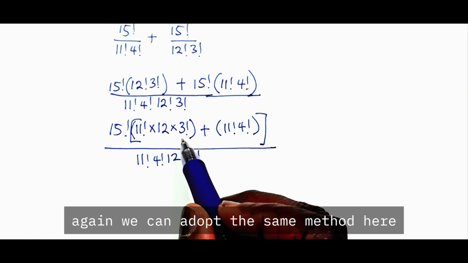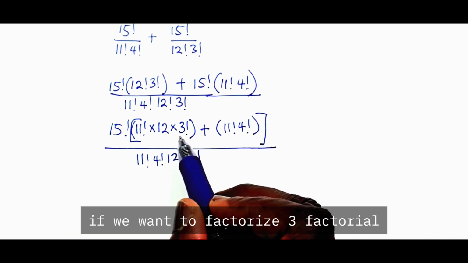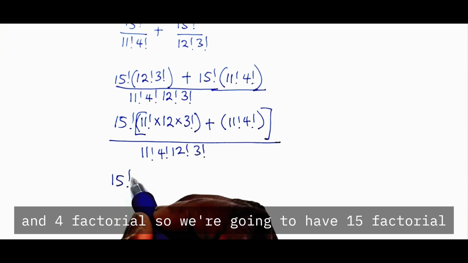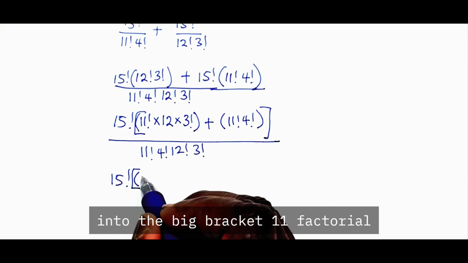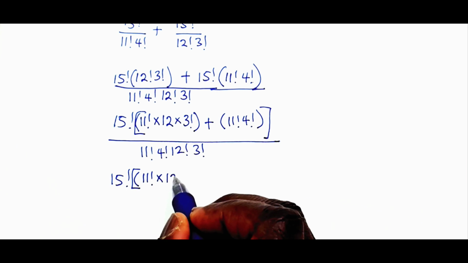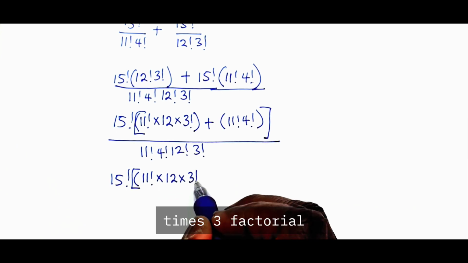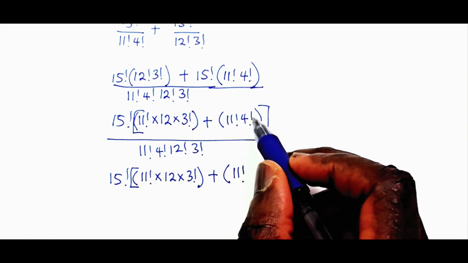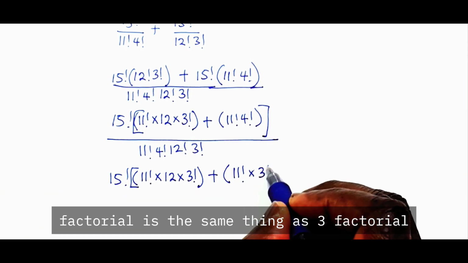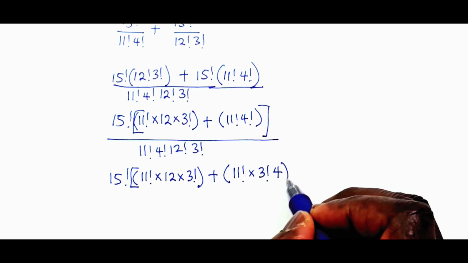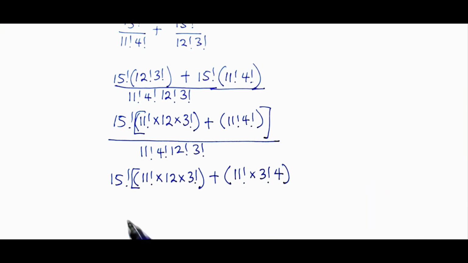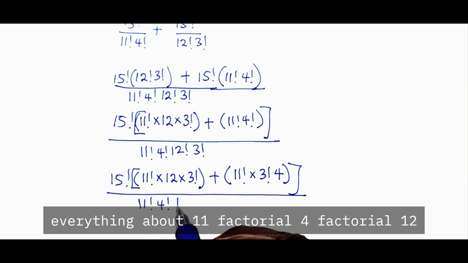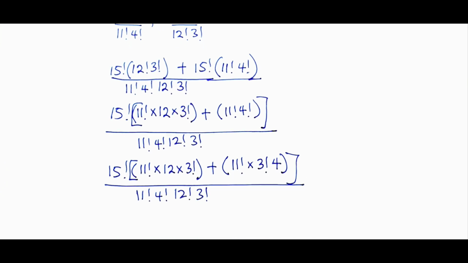Again, we can adopt the same method here if we want to factorize 3 factorial and 4 factorial. So we're going to have 15 factorial into the big bracket 11 factorial times 12 factorial times 3 factorial plus this one 11 factorial. 4 factorial is the same thing as 3 factorial times 4. I close my big bracket. Everything over 11 factorial, 4 factorial, 12 factorial, 3 factorial.